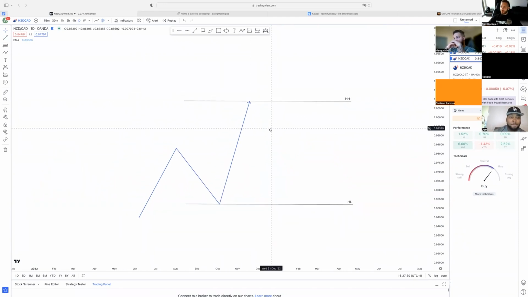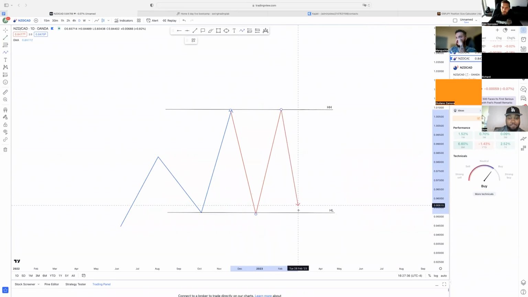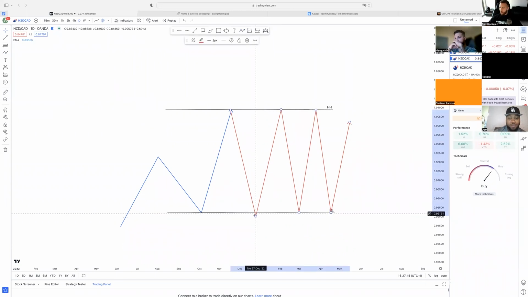Before I go on with this example, as long as we remain inside these two lines without breaking above or under, we are still bullish. The moment we break under, we are now bearish. The moment we break above, we are now creating a new higher high. If you understand, type 1.